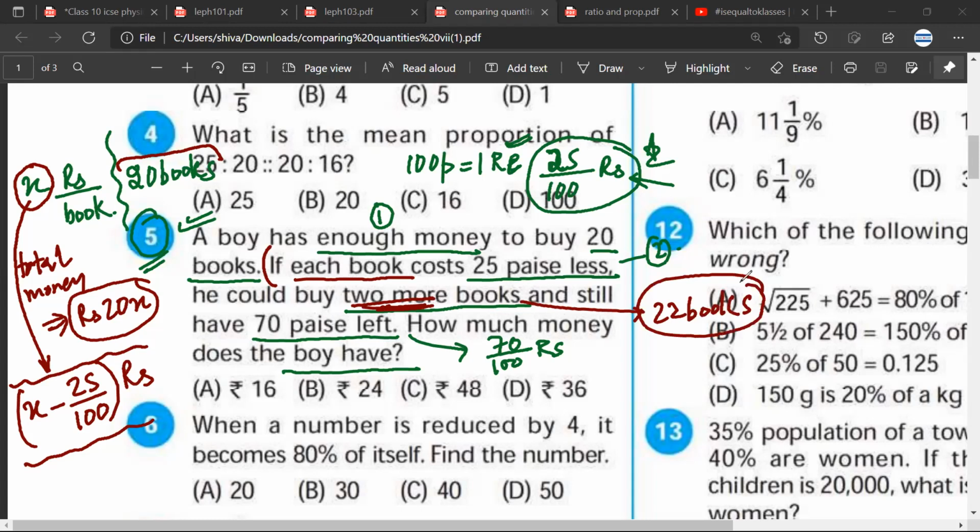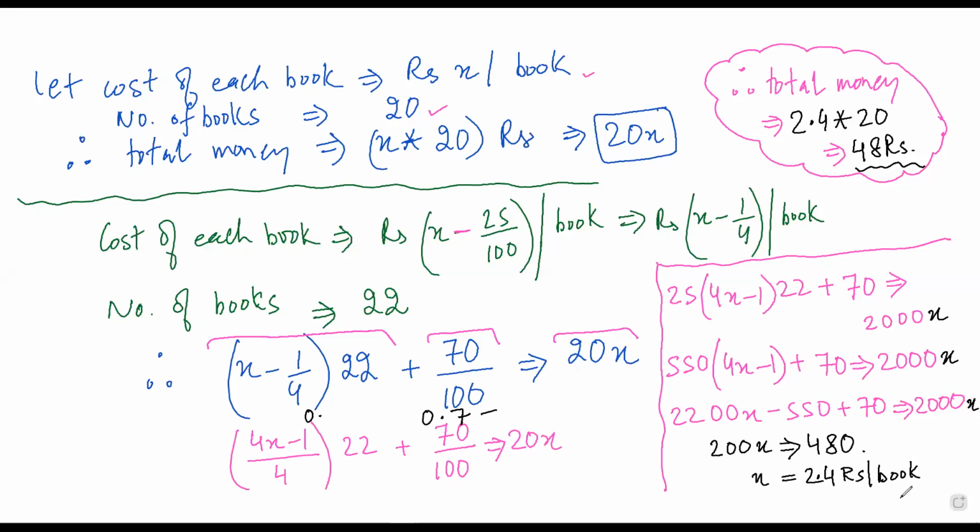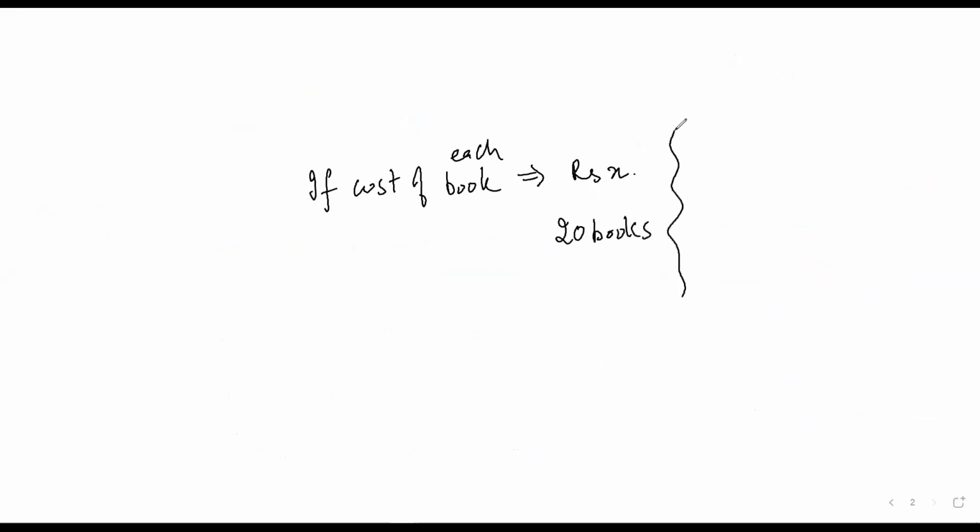If the cost of each book is rupees X, and I am able to buy 20 books, now if I reduce the price from X to X minus something, of course I'll be able to buy more books.